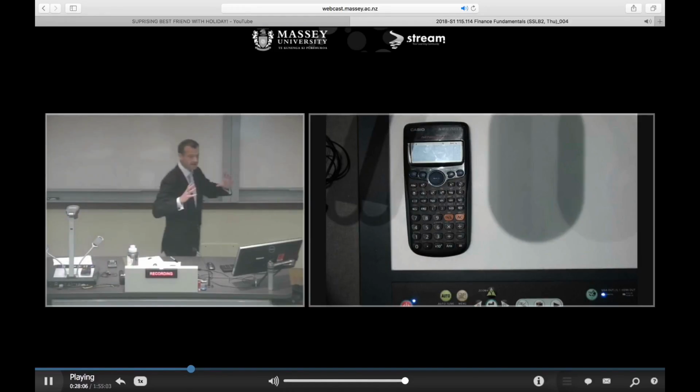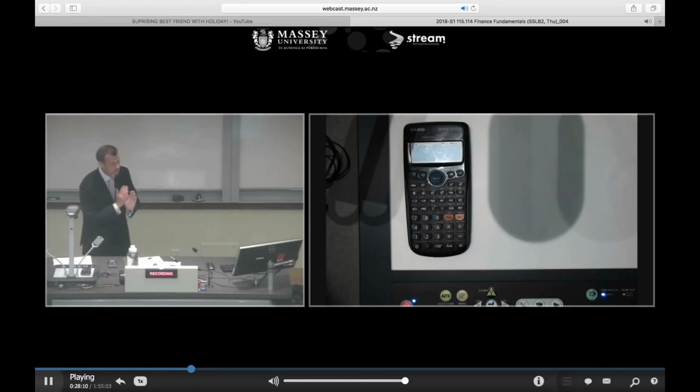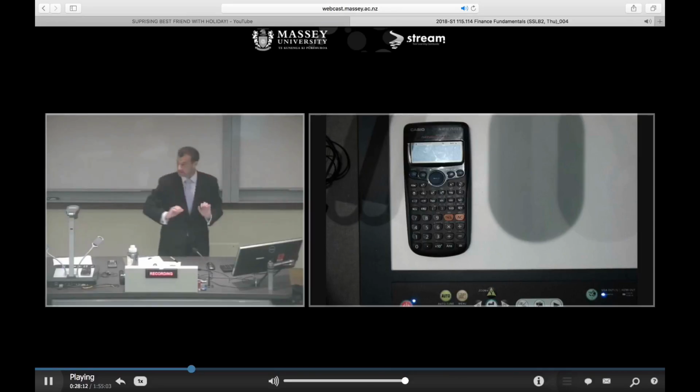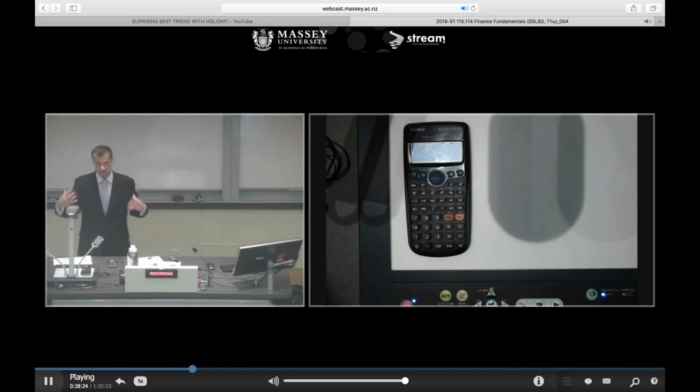Just with regard to this particular formula, and some of the others are like it as well, if you look at the formula, inside the square bracket, it's 1 plus r, close bracket, to the power of n, minus 1. You just have to be careful when you're entering the numbers that you enter it as the formula is and not just a straight n minus 1.